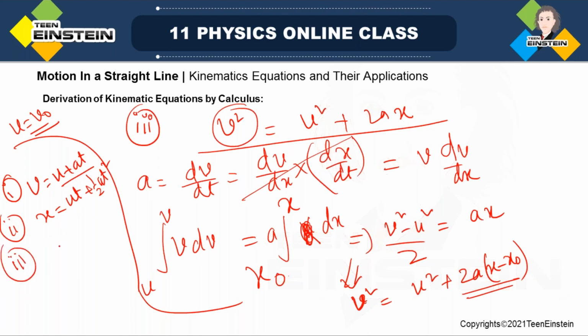The third one is the final v square is equal to the initial v square plus 2ax, where this x is x minus x0. These are called equations of kinematics, or sometimes equations of motion.